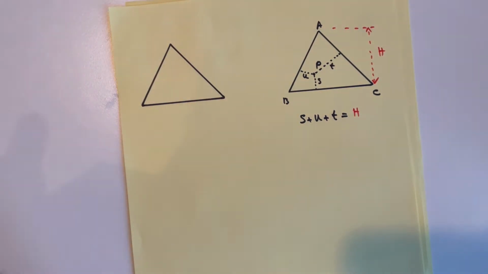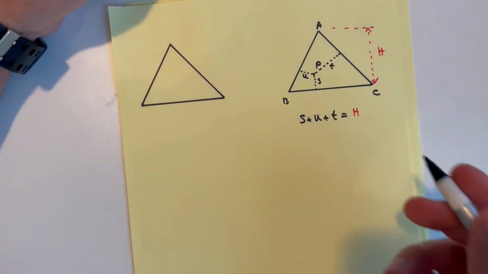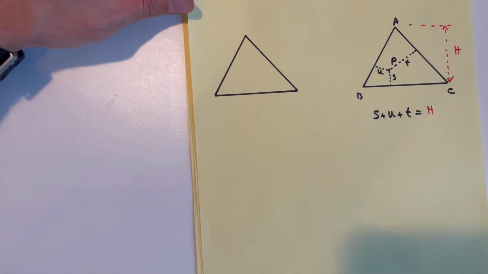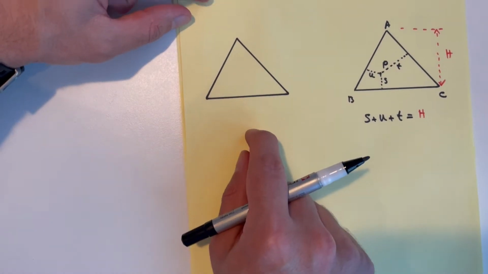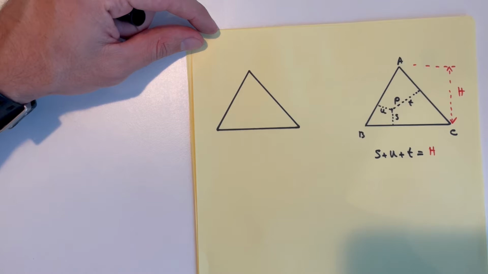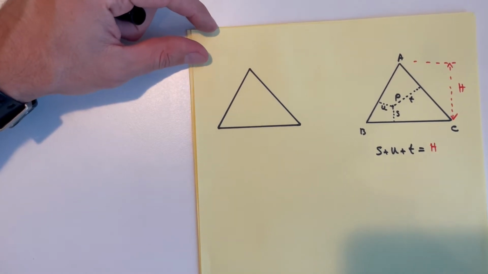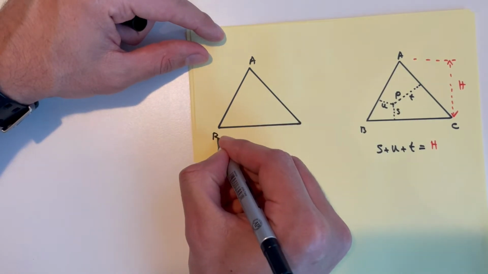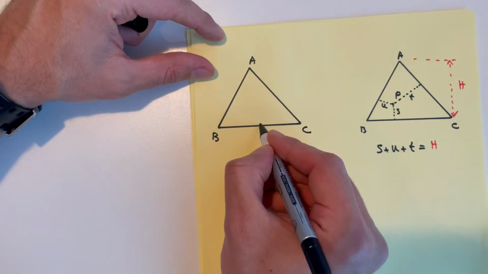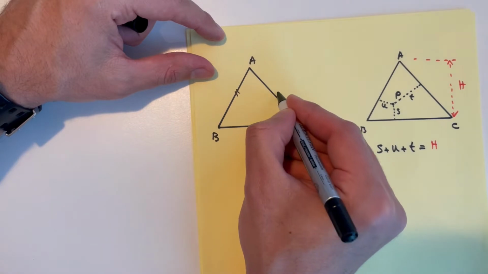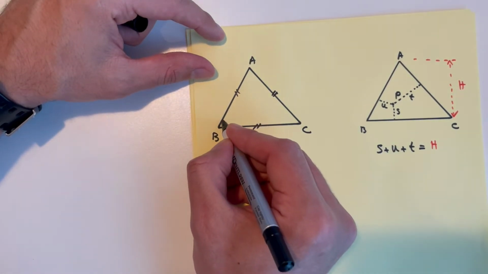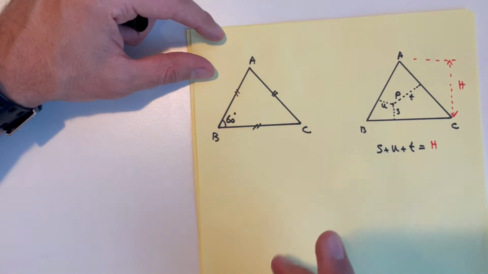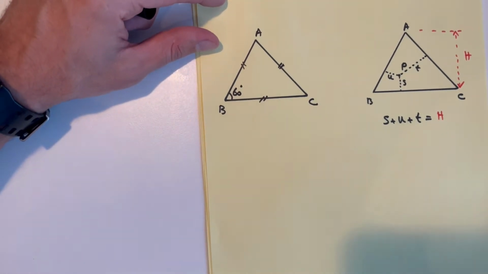Before we go to the proof, let's take a look at another equilateral triangle and see what the properties of an equilateral triangle are. We know that all the sides are equal and all the angles are equal, which means each of these angles is 60 degrees.